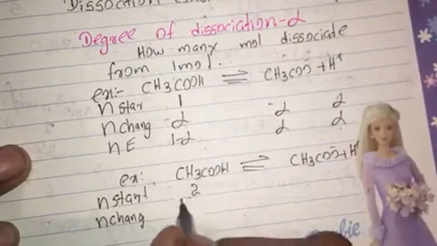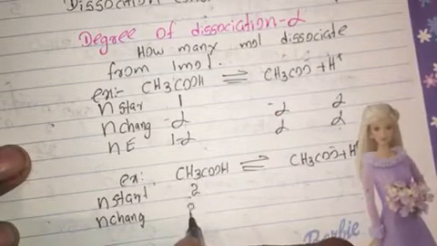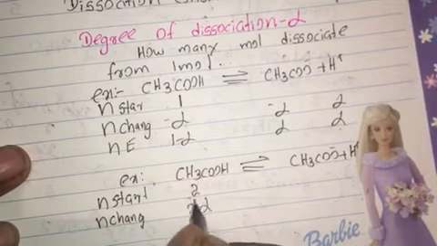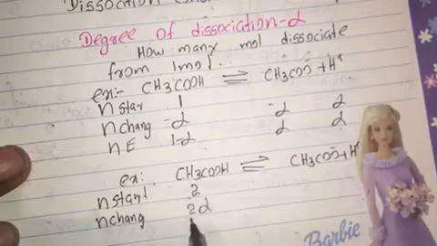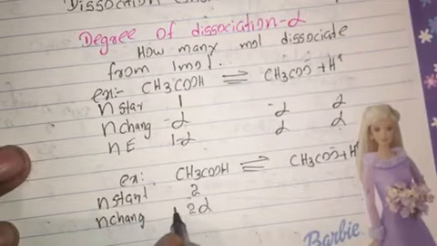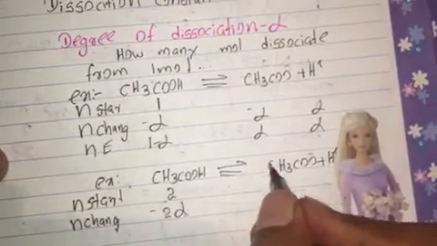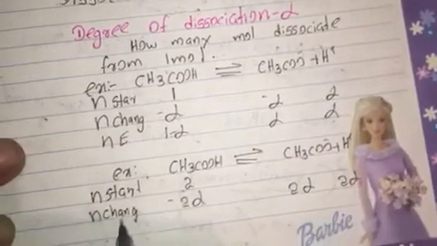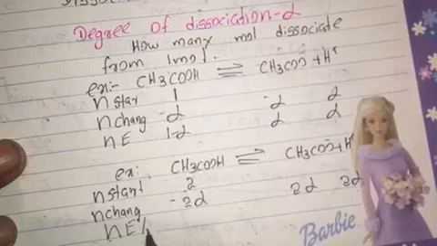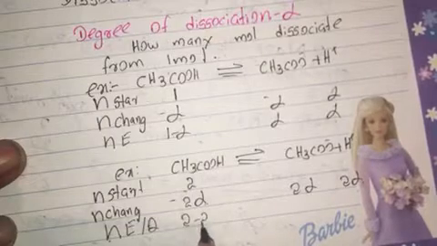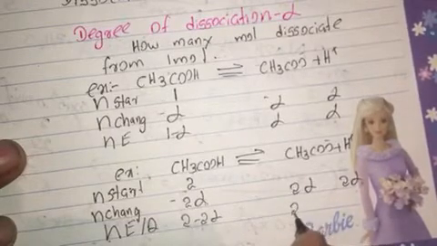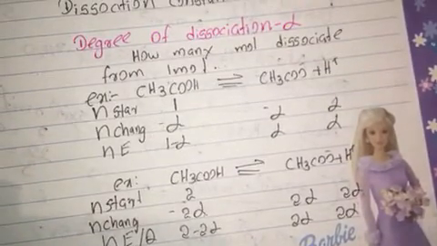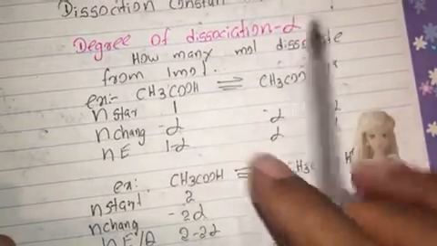We have 2 moles. How many moles dissociate? 2 alpha. We have 2 moles, dissociate 2 alpha. Form acetate 1 to 1, 2 alpha, H plus 2 alpha. At equilibrium point: 2 minus 2 alpha, here 2 alpha, 2 alpha. Now we know the idea of the degree of dissociation.